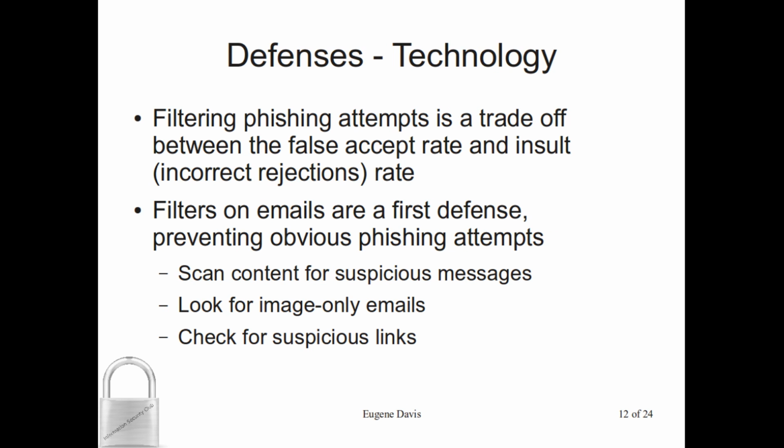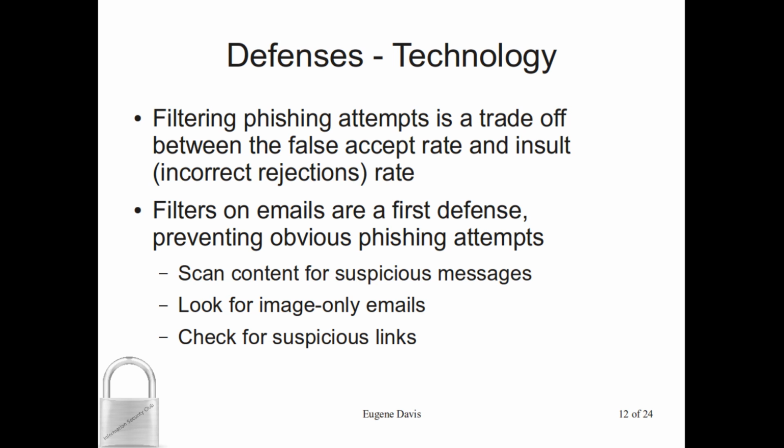All right, so the next aspect is using technology. Well, the obvious approach is trying to filter out phishing attempts. This is always a trade-off between false accept rate, so that's when you get something through that you don't want to get through, a phishing attempt that did get through your filter, and an insult rate, which is incorrect rejections.